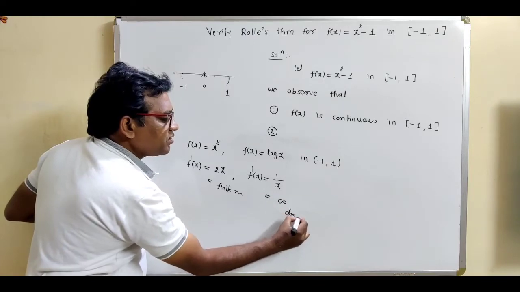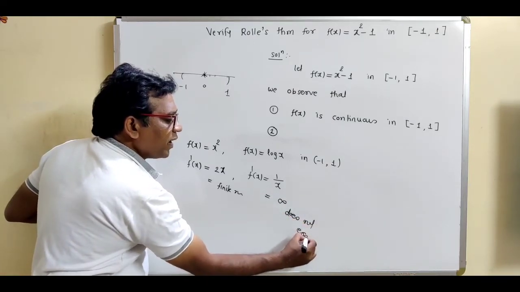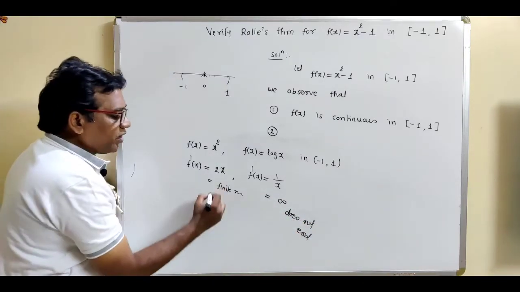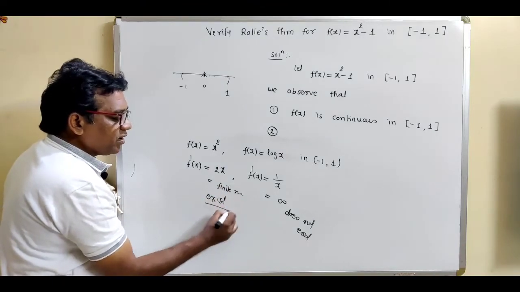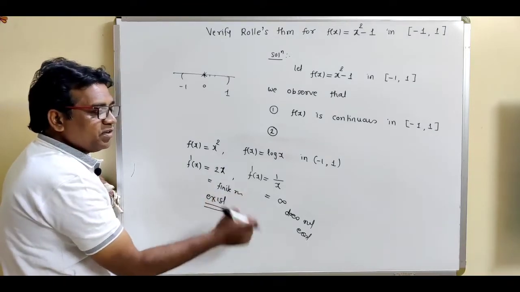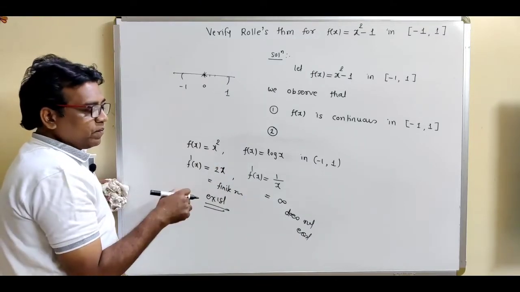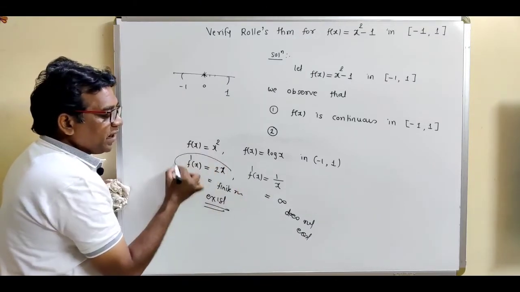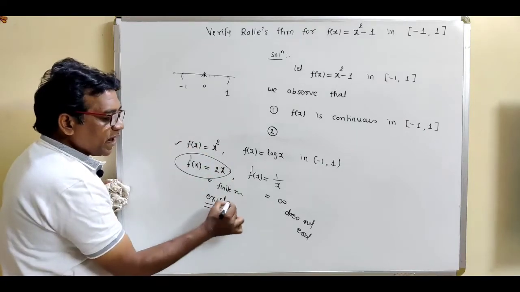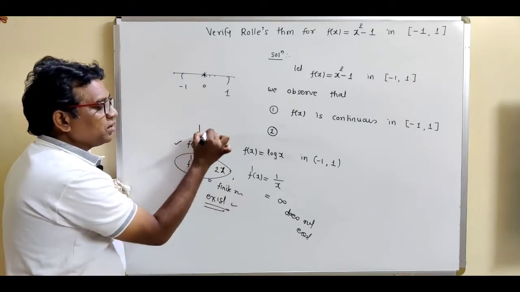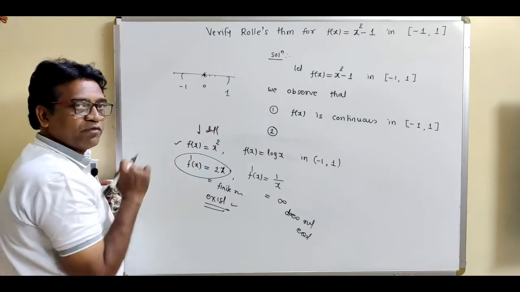Infinity means this derivative does not exist. A finite quantity means the derivative exists, and infinity means the derivative does not exist. So remember this concept: if the derivative of the function exists, then the function is said to be a differentiable function.